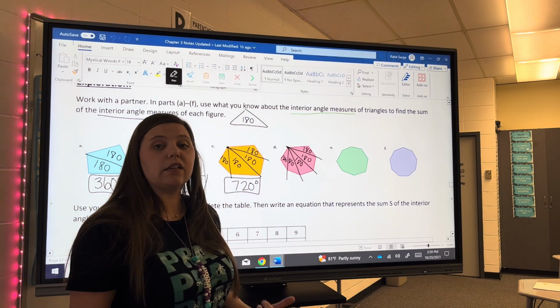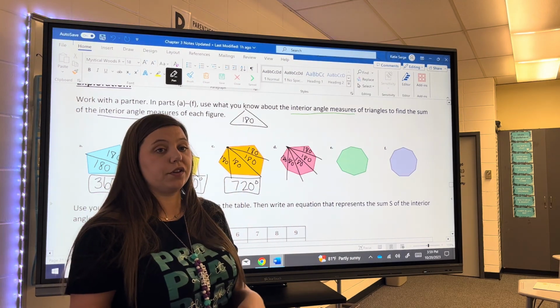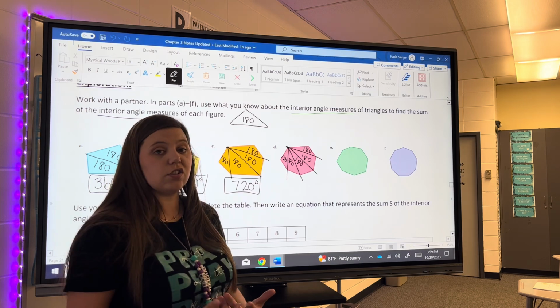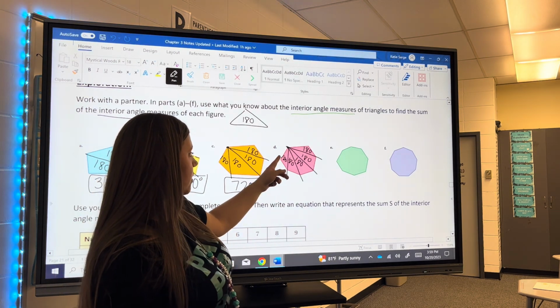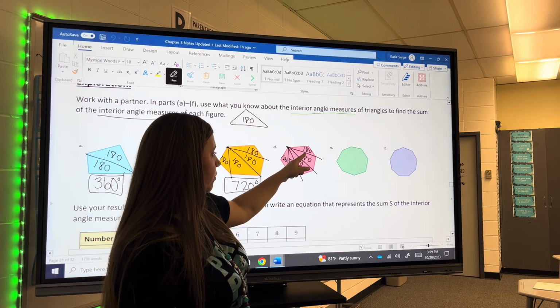So instead of repeatedly adding 180 over and over and over, what we can do is just multiply, right? Repeated addition is multiplication. So this should be 180 times 5.